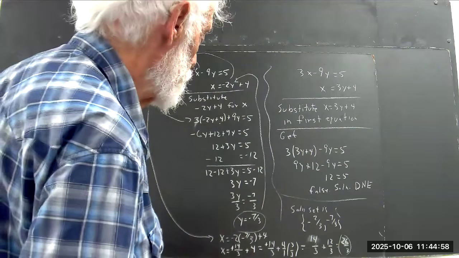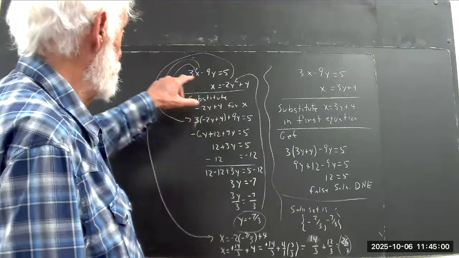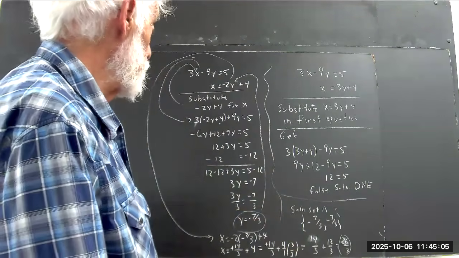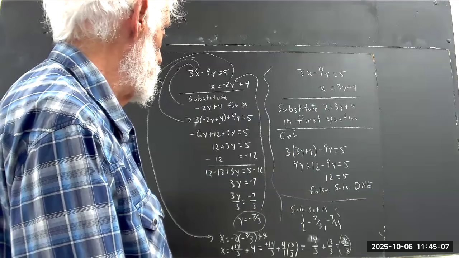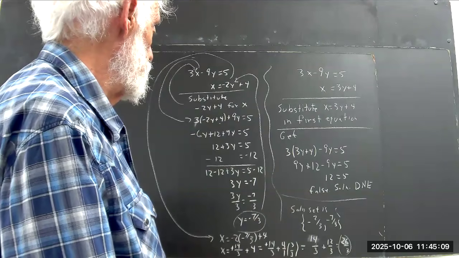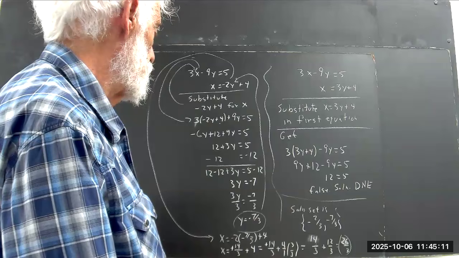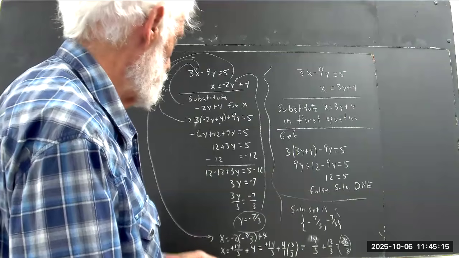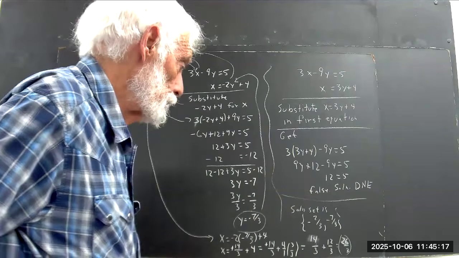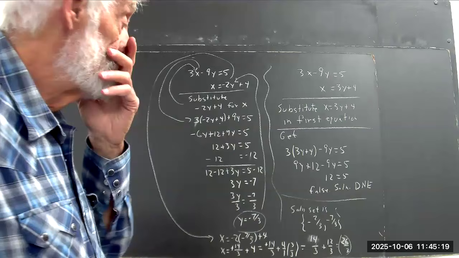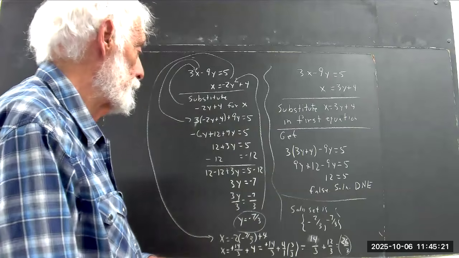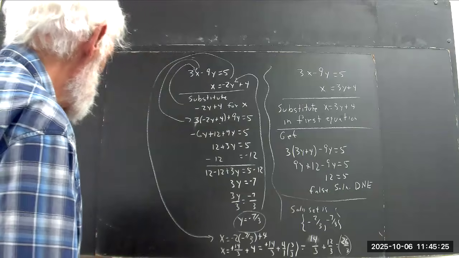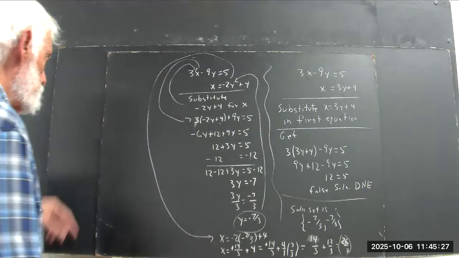And now that's going to work out because I plug this in here. 3 times 26/3 is 84/3, and negative that gives us 15/3, which is 5. Okay. Make sure you understand the check. Okay, so I better write the check out.